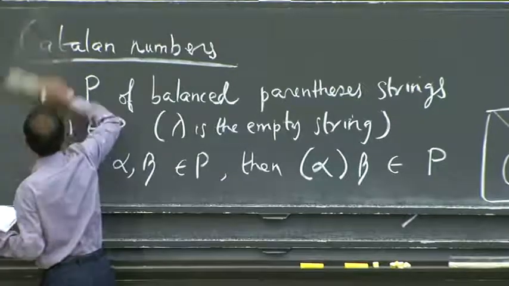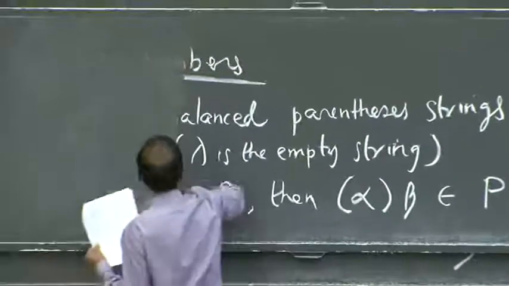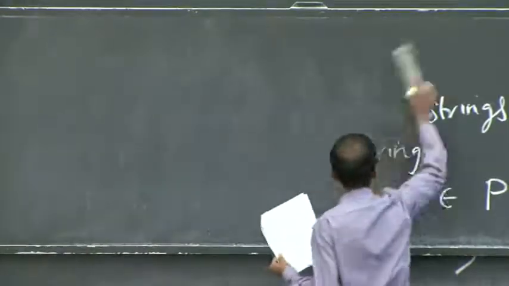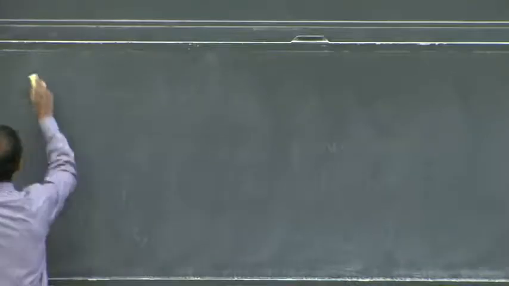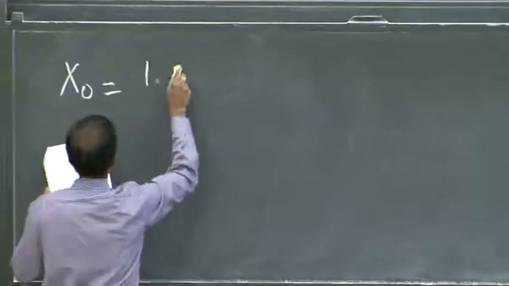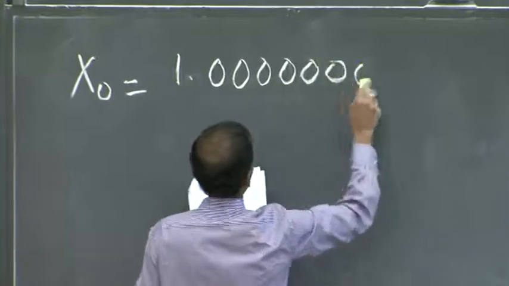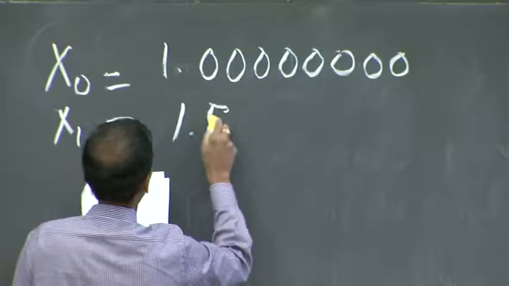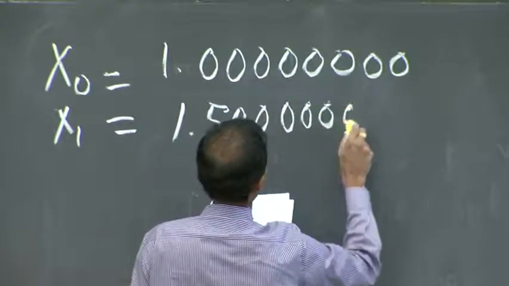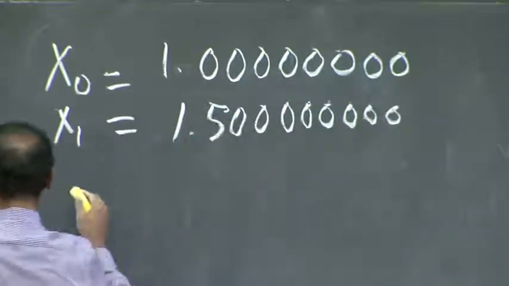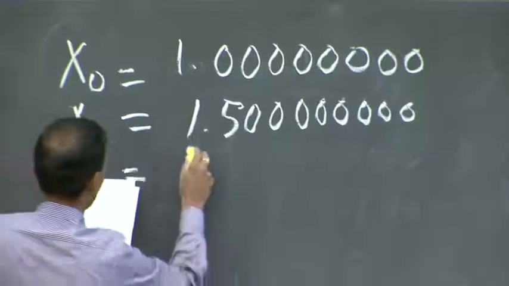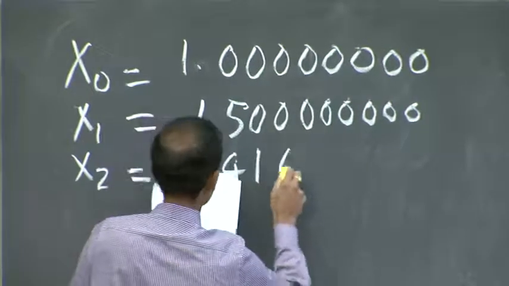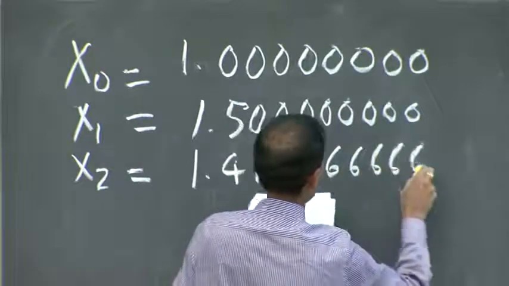if I simulate what happens without worrying about the implementation, this is what you'll get. You start with x0 equals 1 with a bunch of zeros. x1 equals 1.5 with a bunch of zeros, etc. And then x2 equals 1.41666, etc. That goes on.